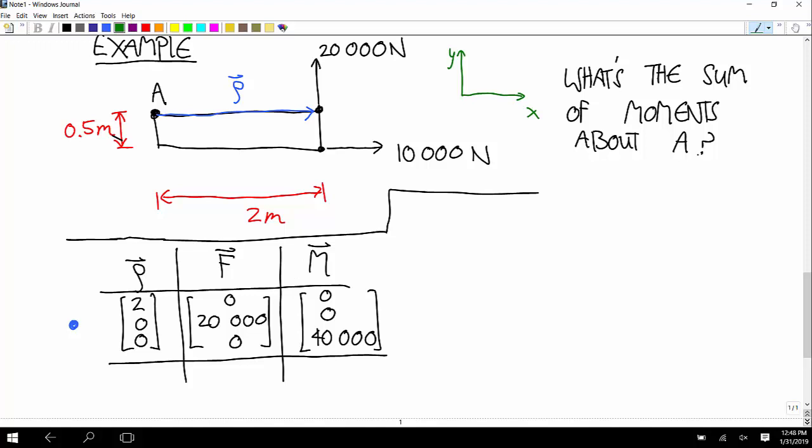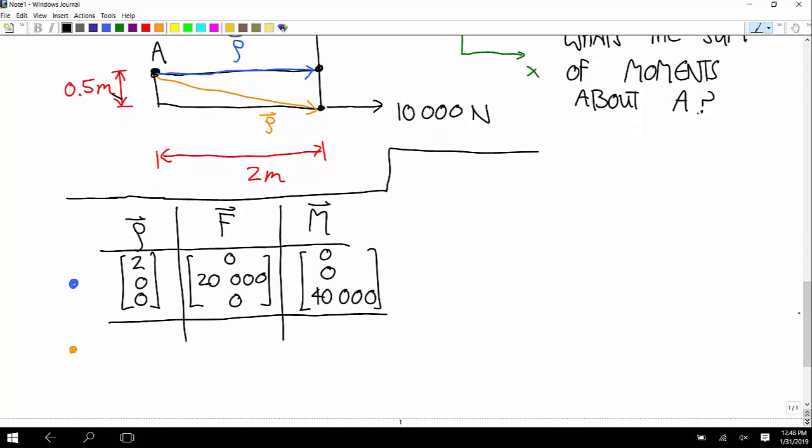Okay, and now the second force, the 10,000 Newton force, our row vector goes from A to where that force is applied. So what are the components of that row vector? 2, negative half, 0.